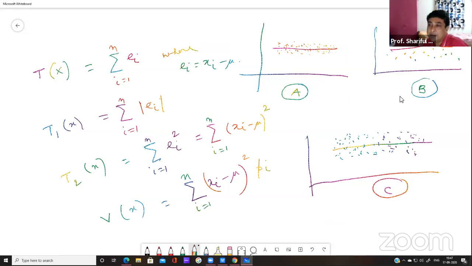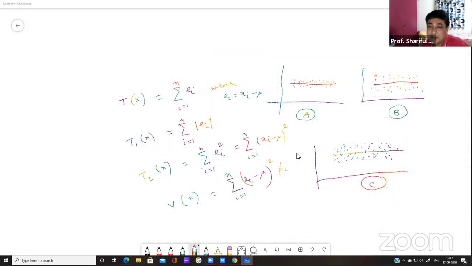Let the second team have collected this kind of data set B, and the third team collected this kind of data set C. So the question is, if I use data set A and data set B, which will give the better prediction? Obviously data set A will give the better prediction because here the fluctuation is less. But between B and C, which data set can we choose? The choice is not obvious.